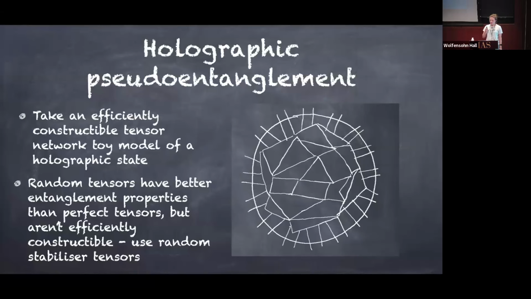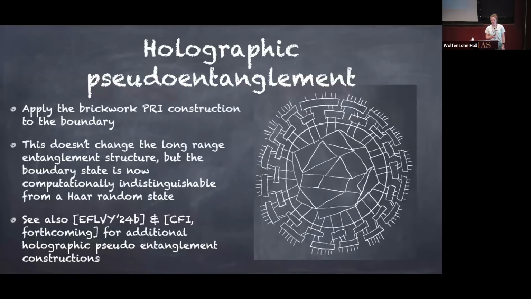And then all we do is, on the boundary, we apply the brickwork pseudo-random isometry construction. The crucial thing here is that this pseudo-random isometry construction doesn't change the long-range entanglement of the boundary. So in fact, you can show that this gives very small corrections to the RT formula.